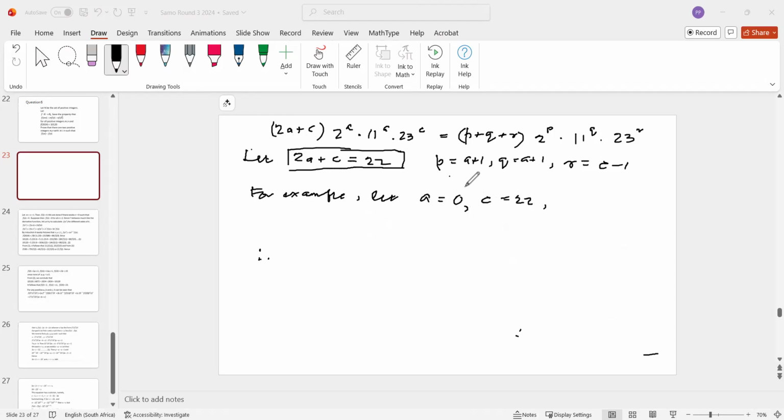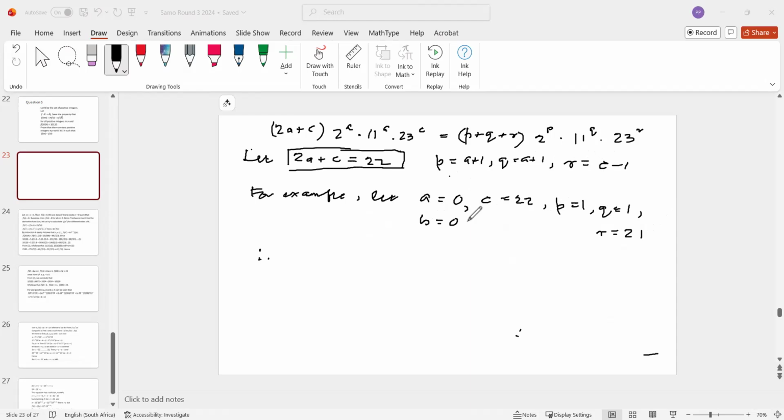And then p is equal to a, which is 0, so p is equal to 1, and q is equal to 1. And r is equal to c minus 1, so r is 21. Remember a equals b. We started off by saying we are looking for a solution when a is equal to b.